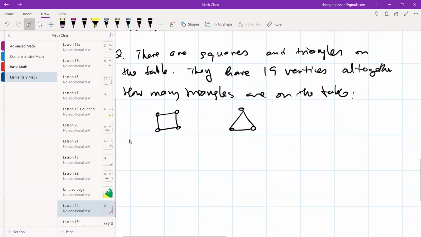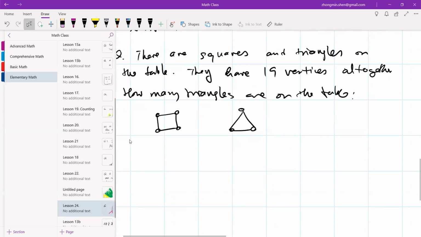So the idea is that to find how many triangles, you just need to look at 19, right? 19 minus 1 square is going to be 15. 15 is divisible by 3, it's 3 times 5. So you can have 5 triangles. It's possible. Then 19 minus 8 is 11.